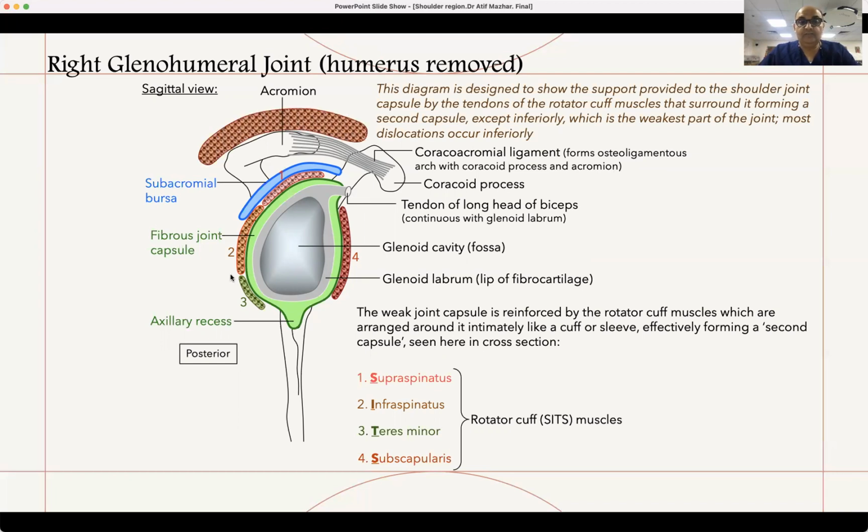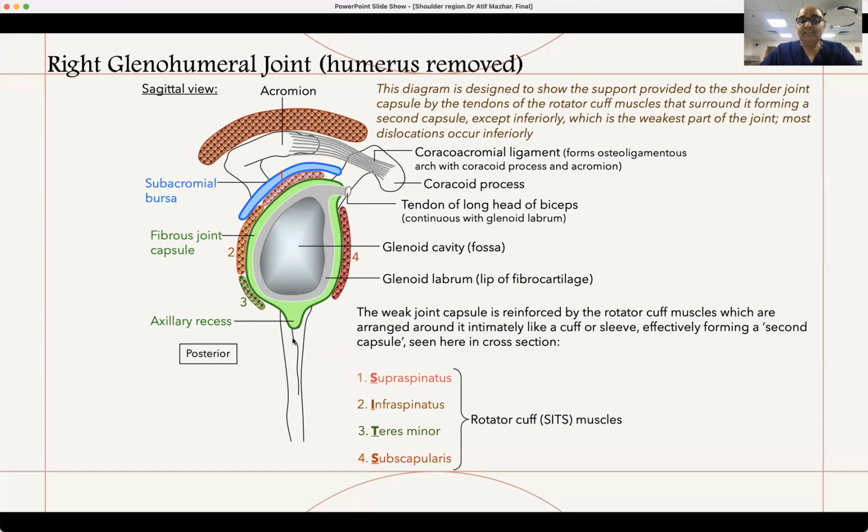So you can see that the head of the humerus fits here. Superiorly we have so many strong structures. Anteriorly we have this subscapularis. Posteriorly we have these supraspinatus, infraspinatus and teres minor. But we don't have anything inferiorly. So if we have dislocation occurring at the shoulder joint, first the head of the humerus falls out.